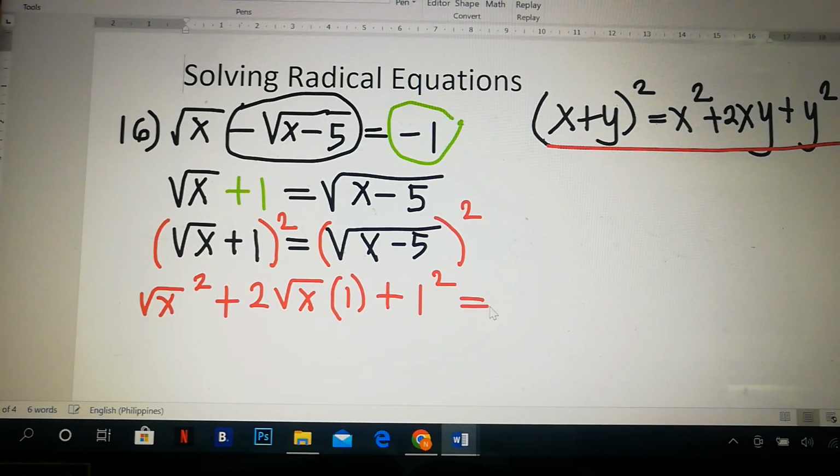Okay, equal to. So if you square the square root of x minus 5, your answer is just the radical, because you will cancel the index and then the exponent. So the answer is just x minus 5, the radical.